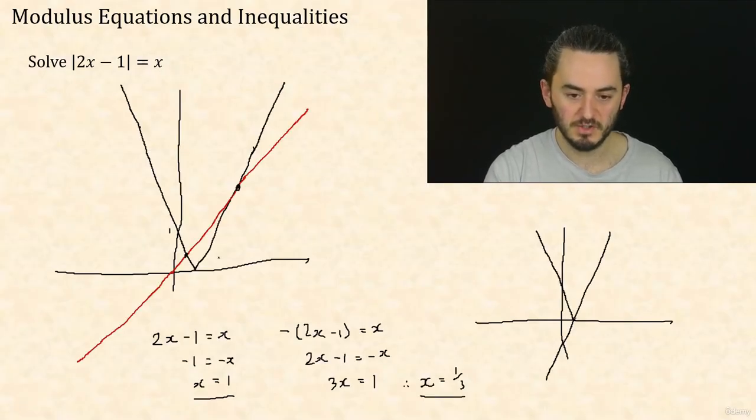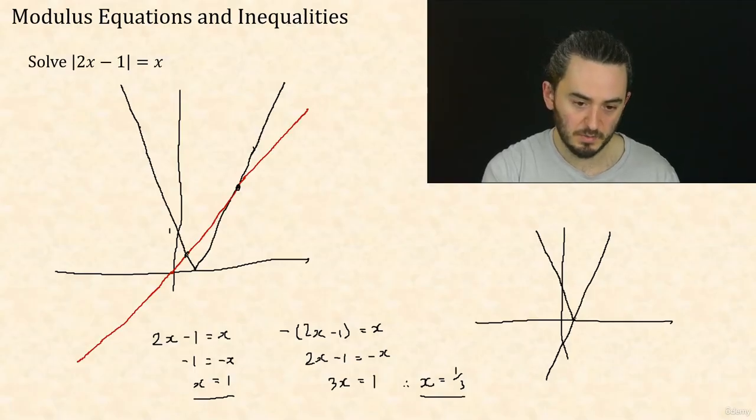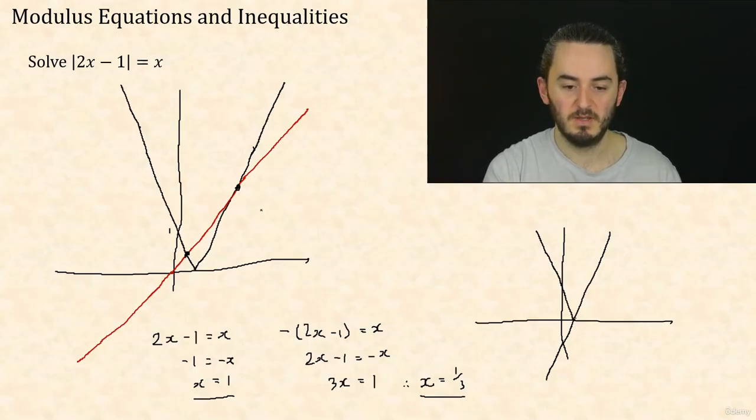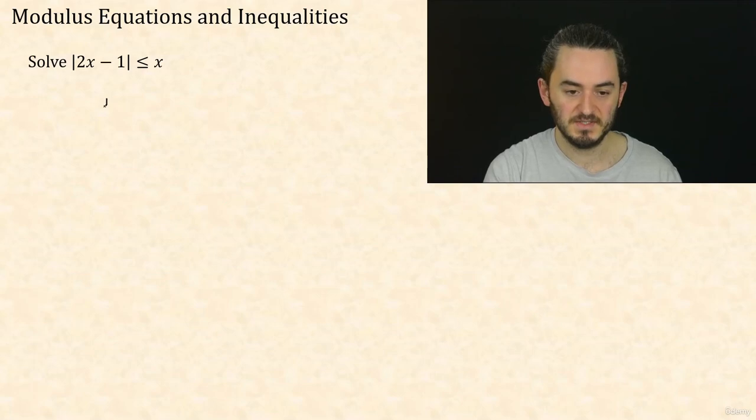So looking at the modulus graph, when is it below the red line? Well, it's below the red line in this region here. So that is between this point, which we found to be x equals a third, and this point where we found x was 1. So the solution to this inequality is that x needs to be sandwiched between 1/3 and 1.